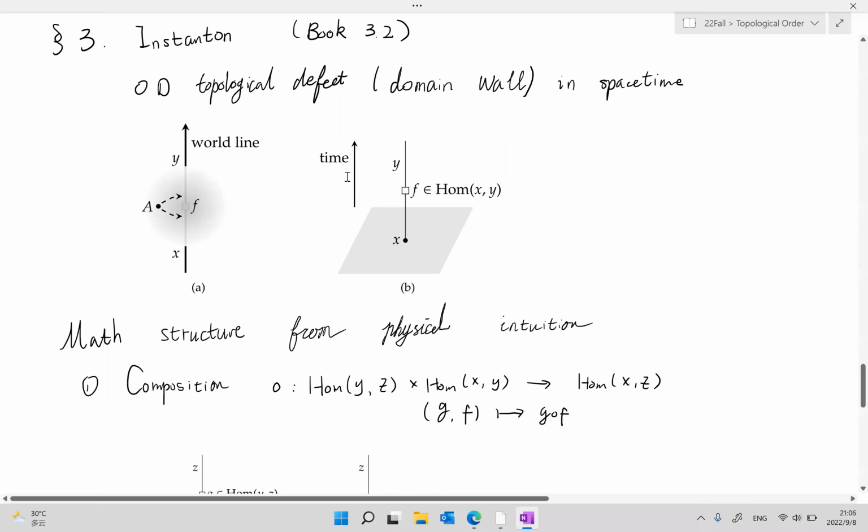And upon some perturbations, we can see this as a defect, as a 0 defect. So in the lower part we have defect X, and in the upper part we have defect Y. They are all one-dimensional in time, so we have a 0-dimensional defect, something like this. Okay, we denote it as F in Hom(X, Y). We'll explain it later.